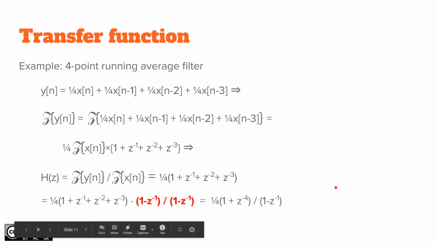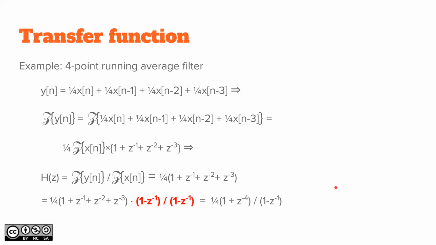And remember the feedback way of calculations. You can multiply by 1, meaning multiplying by 1 over z to the minus 1, divided by 1 over z to the minus 1. So that actually is 1.